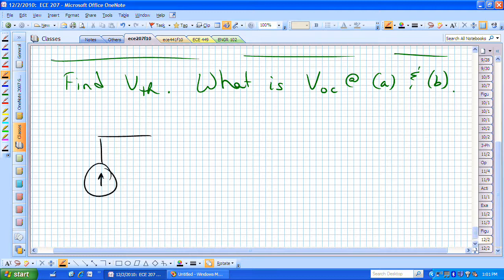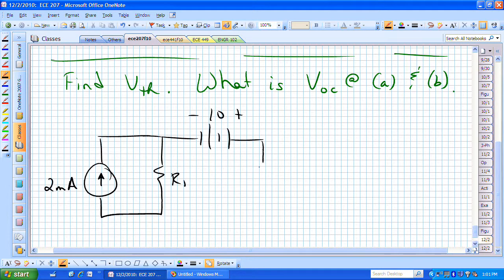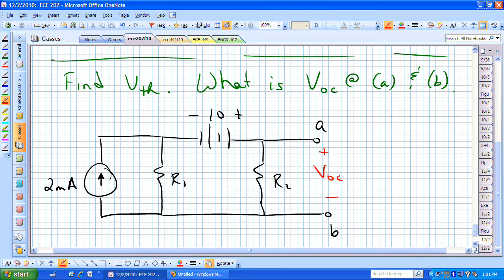Again, let's resketch the circuit. We have to keep our sources in now if we're wanting to find the Thevenin voltage. Here's R1, here's our battery, which was 10 volts with the appropriate polarity. And there's our terminals A and B, and we are trying to find that voltage VOC.